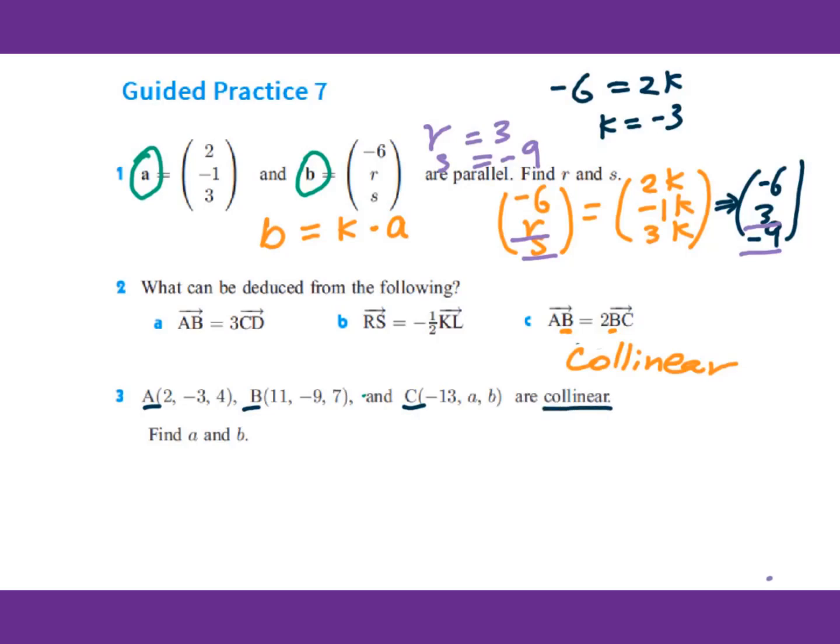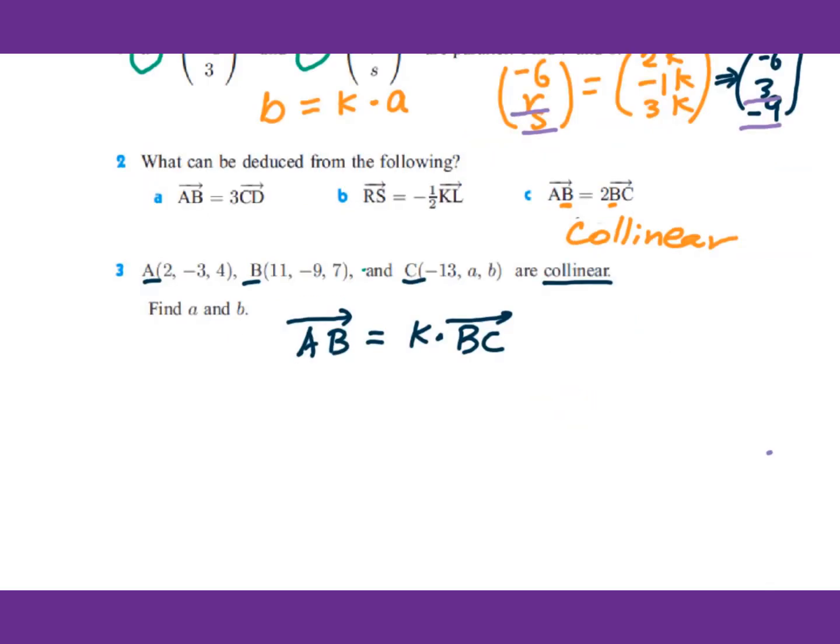For number 3, we have A, B, C are collinear. Find A and B. If they are collinear, I can write down vector AB equals K multiplied by vector BC. So for vector AB, remember it's always ending minus starting.